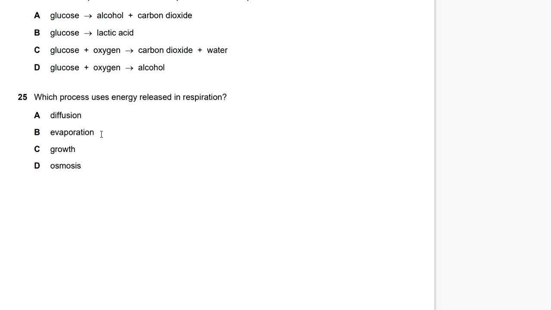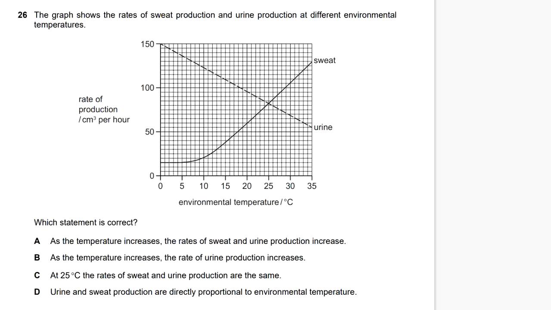Evaporation, of course, is heating, wherein the liquid portion is evaporated or released because of the heat. Osmosis is also a form of diffusion through a semi-permeable membrane. So the correct answer for this is letter C, growth.